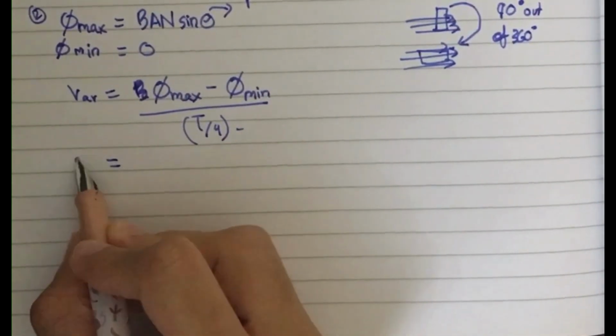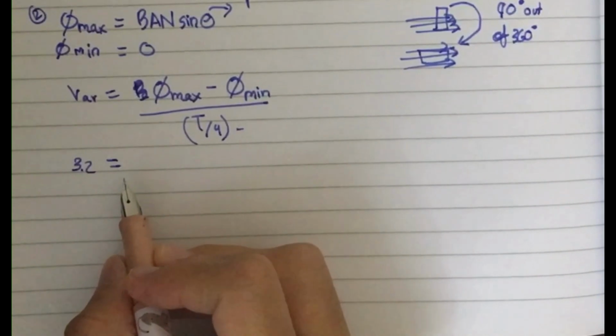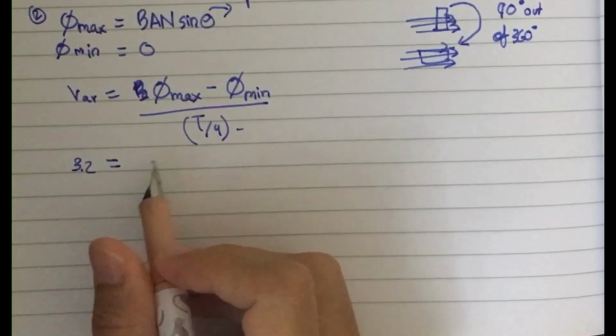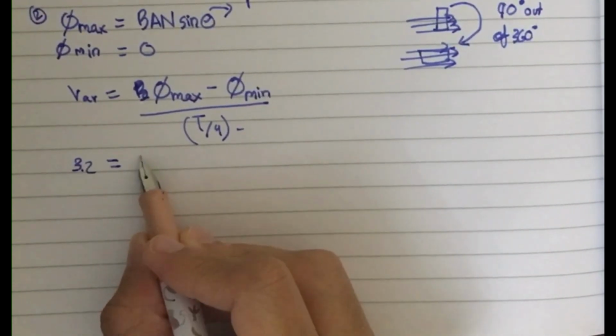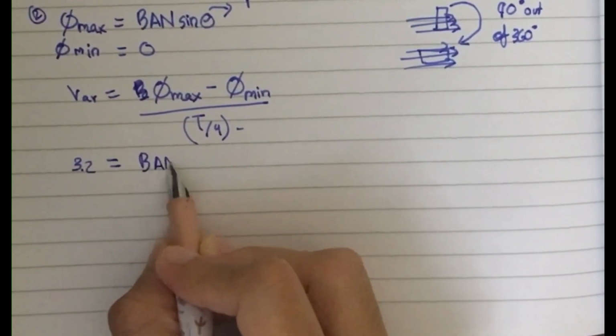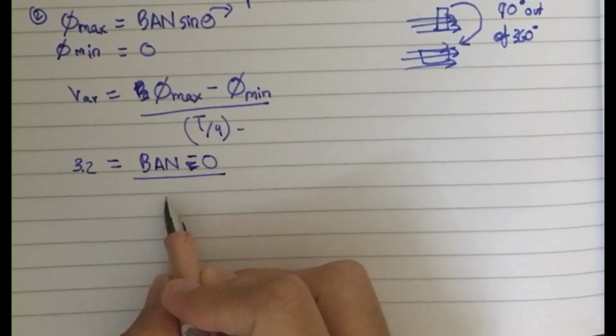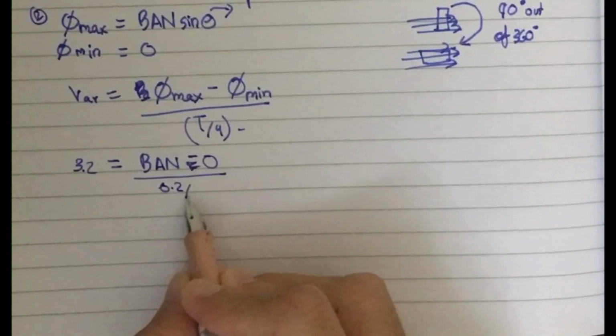So the average magnitude of potential difference is 3.2. We have BNA over here, and 0 over here, and then minus 0, and then you have 0.2 times by 4, right?